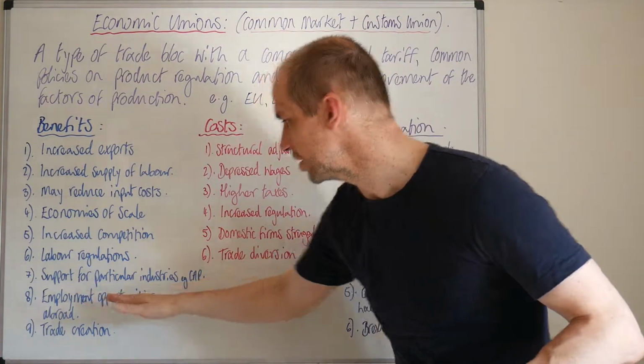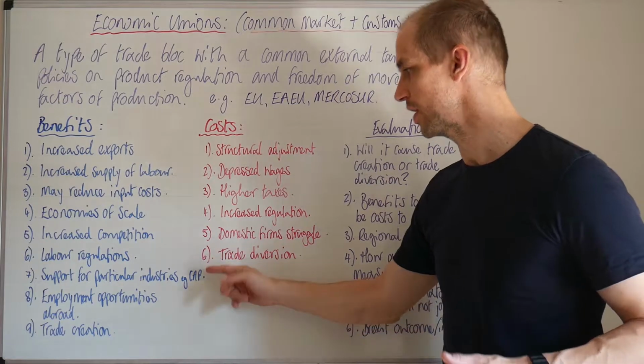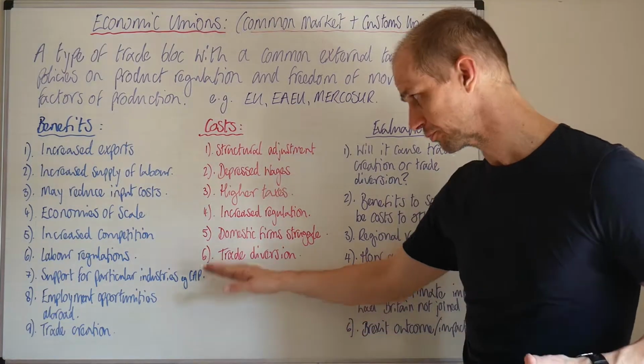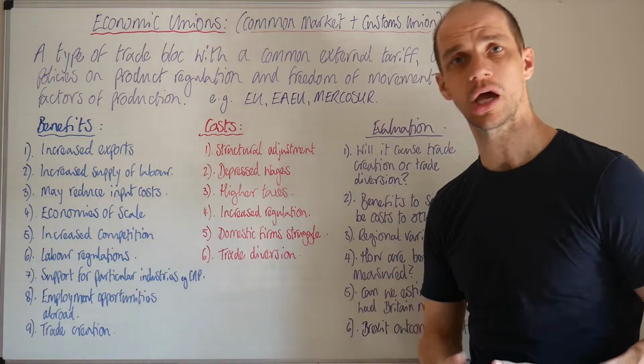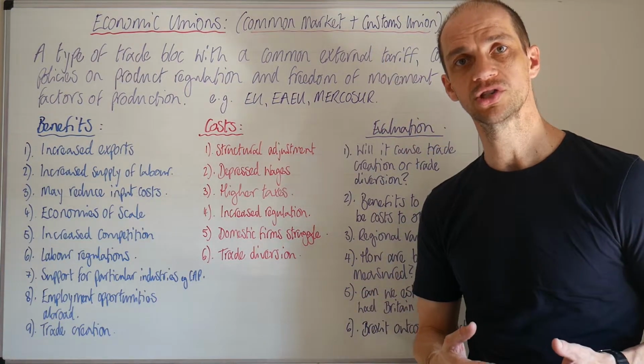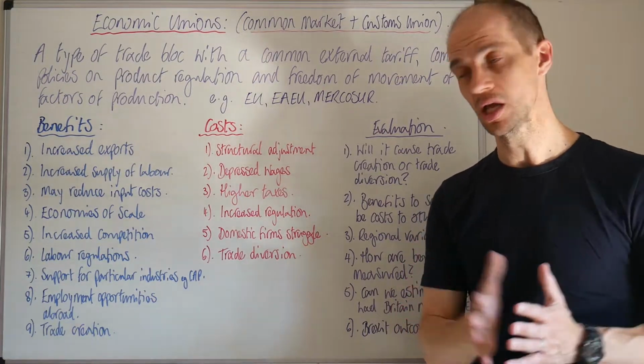Okay, in addition to this, there may be support for particular industries. So the European Union, the EU, provides the common agricultural policy to support agricultural producers across the EU.